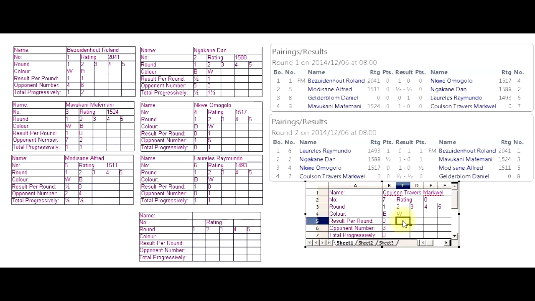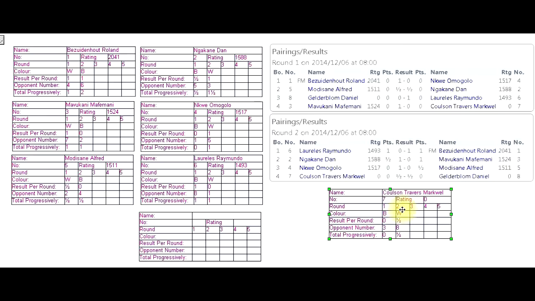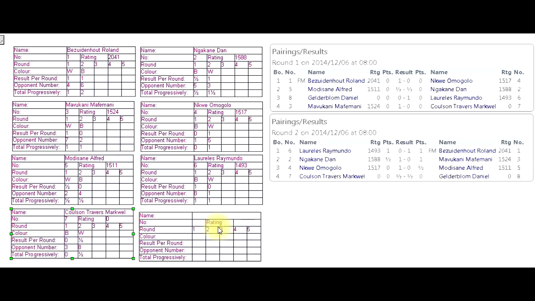Result per round, half point. Opponent number 8. Total progressively, half point. And the last player.